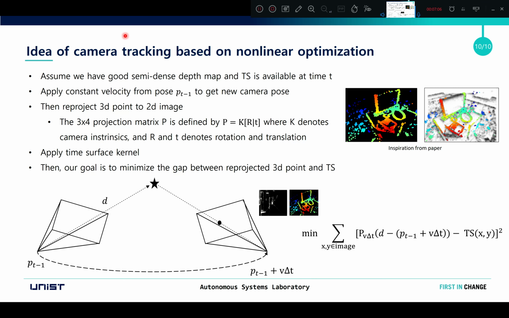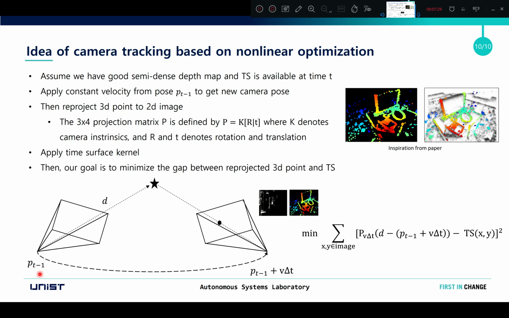I propose an idea of camera tracking based on nonlinear optimization. The main idea is inspired by the figure in the first paper. The left one is the semi-dense depth map, and the right one is the inverse time surface, which is just a negative sign. Look at this figure.